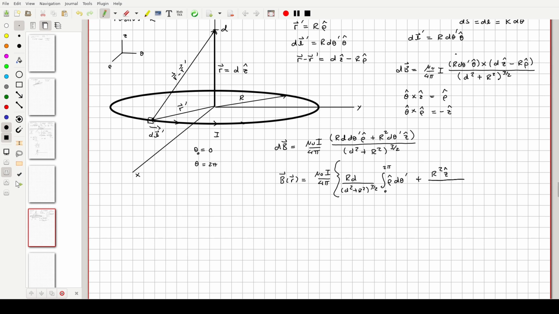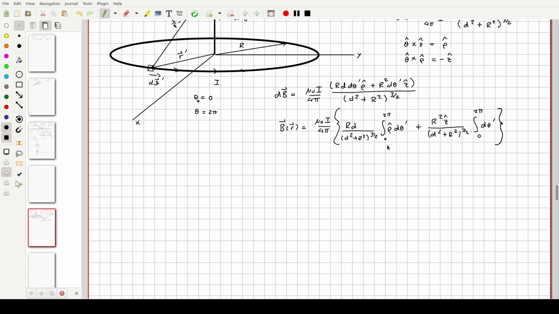Then I have all this other constant stuff that I can pull out, raised to the 3/2 right there in the denominator. So really what you're left with integrating here with this term is just d theta from 0 to 2 pi. That's super easy. Okay, so I'm going to call this integral number 1. I'm going to call this integral number 2.